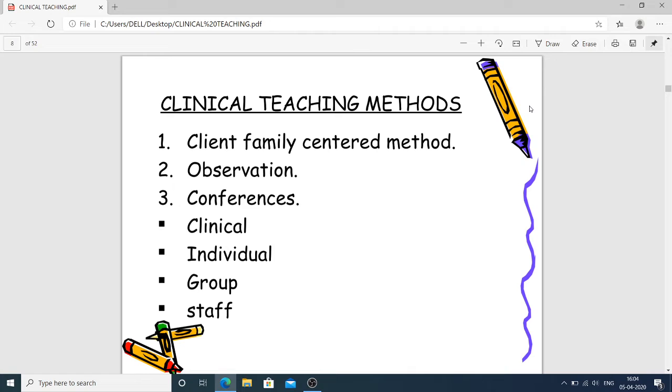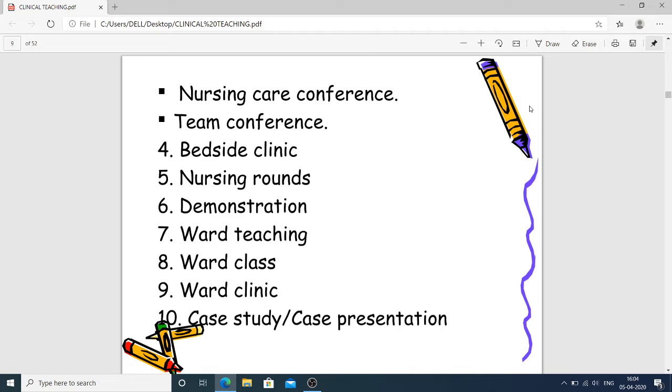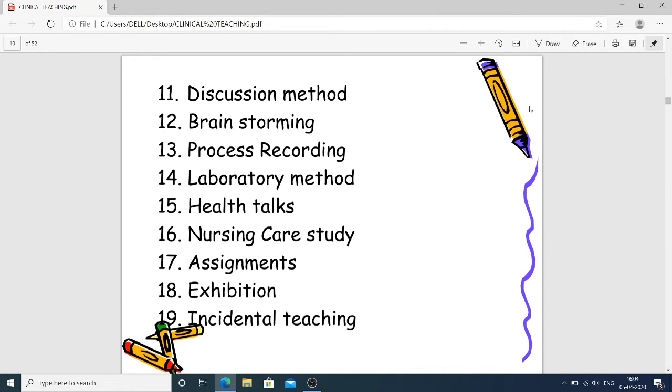Conferences are divided into the following categories: clinical conferences related to clinical, individual, group and staff. Then nursing care conference and team conference are also included in this. The other methods are bedside clinic, nursing rounds, demonstration, ward teaching, ward class, ward clinic, case study or case presentation.